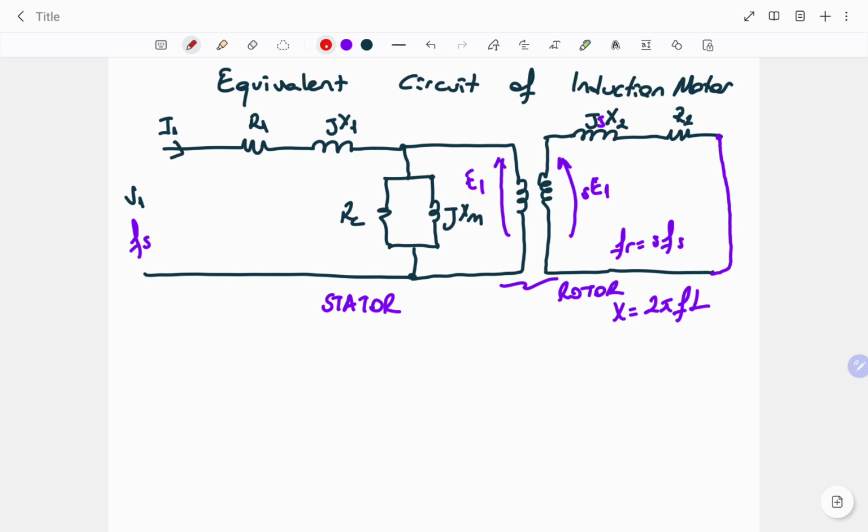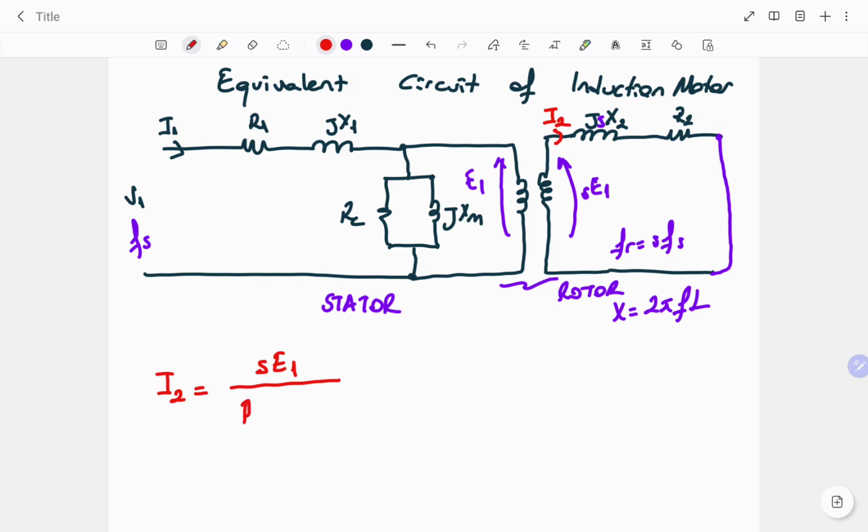How will we do this? Let's try to simplify by using the current relation. For example, the current flowing through here, I2, can be written from the rotor side Kirchhoff's voltage law equation, S times E1, the total input voltage of the rotor side, divided by total impedance.